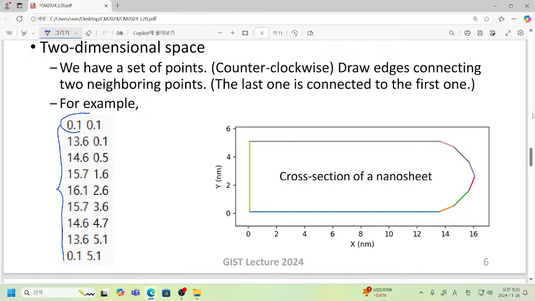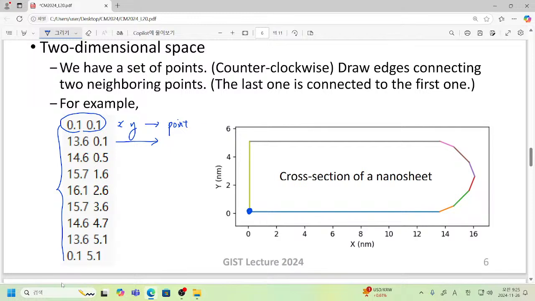These are x, y pairs of coordinates, and each line corresponds to a point or vertex, and this is the list of them. But the order of appearance is quite important in this case.